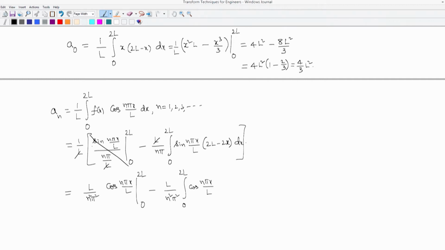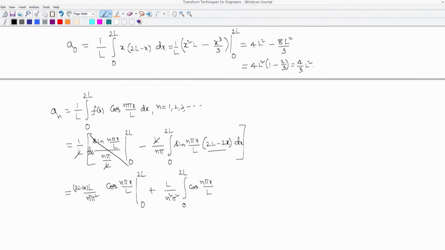Of course, I think I missed f x here. So, f x here, and you have here f dash x, which is 2 L minus 2 x, for which you have these limits. Okay. And here if you differentiate this one, this is your f x now. So, you get minus 2.